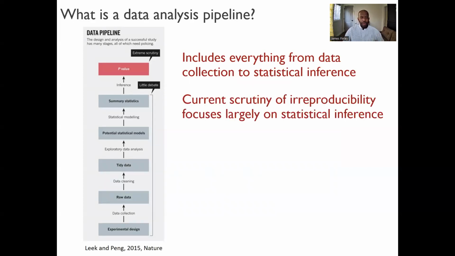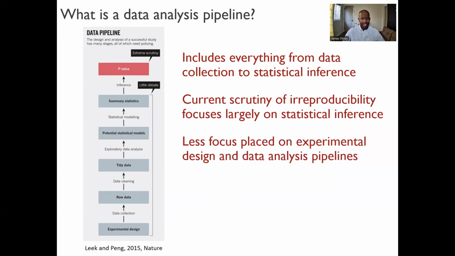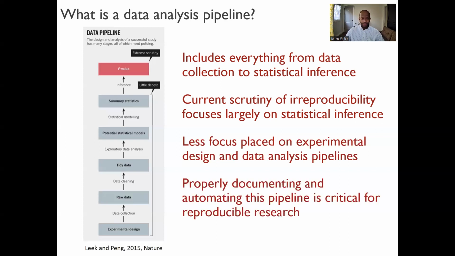When we think about reproducibility in the context of science, a lot of the current scrutiny around issues related to reproducibility really focuses on issues related to statistical inference. However, there's much less emphasis placed on the early stages of this process, including the experimental design, and then steps in the data analysis pipeline that ultimately get you to the point where you are testing your hypothesis.